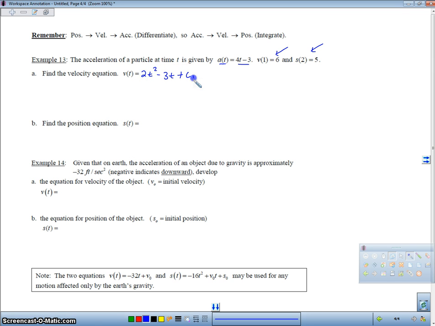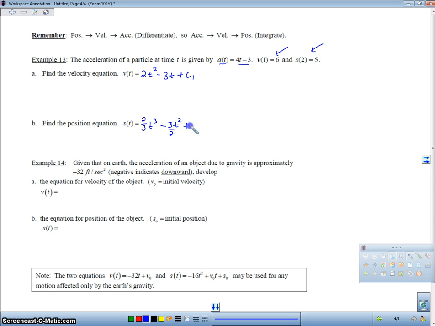I'm going to use c1. So I like to use a little subscript just to make sure that, like here when I do s of t, I'm going to end up with 2t cubed over 3, because I'm taking the antiderivative of velocity, minus 3t squared over 2.